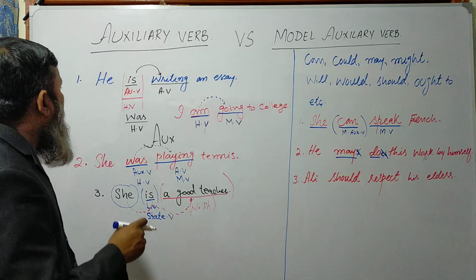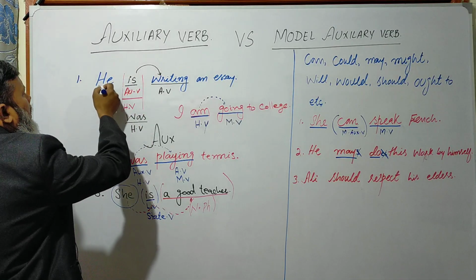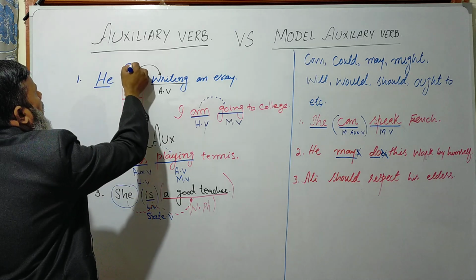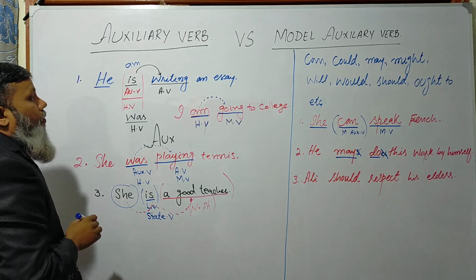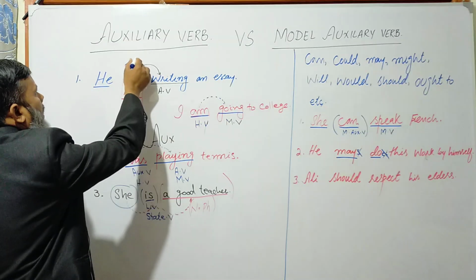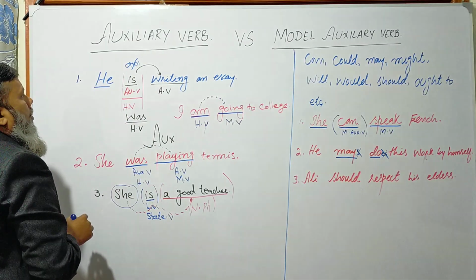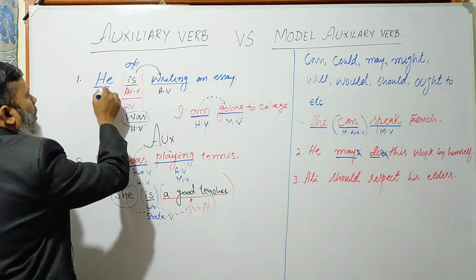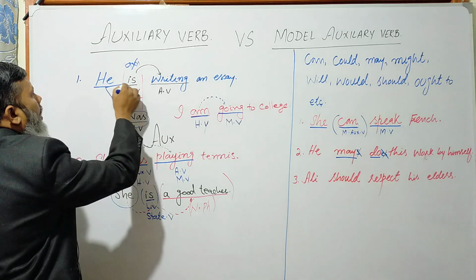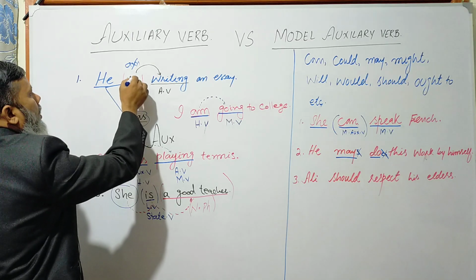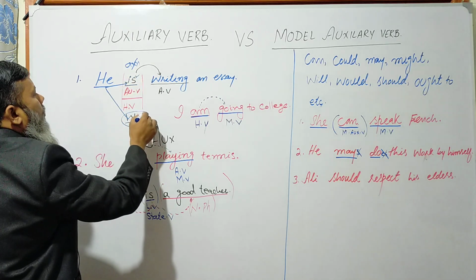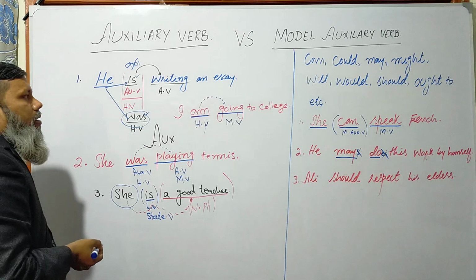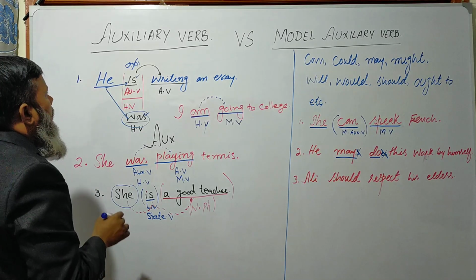How? Look here: is. We cannot say "he am." We can say "he is" or "he was." Both are S forms, whether in present or past form. We can use the S form.